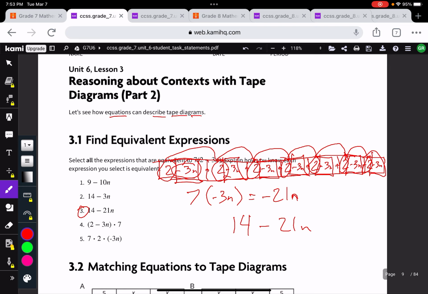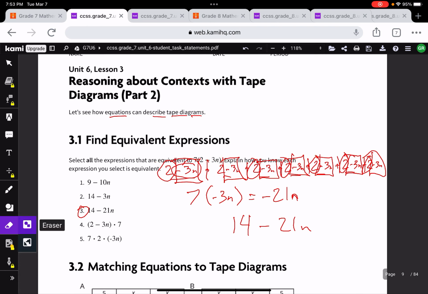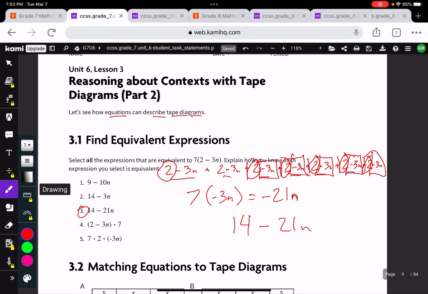Is there another correct answer here? I'm going to have to erase some of this so I can see the original equation. There it is. 7 times 2 minus 3n. Looking at that, I don't think that can work.